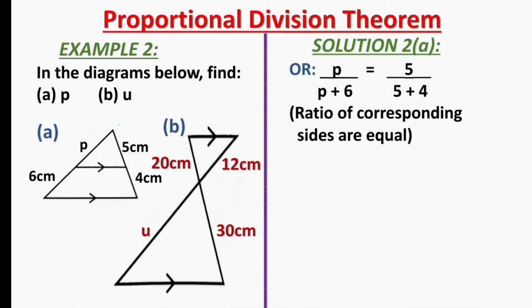Once again, to solve for P, we can use the ratio of corresponding sides being equal. That should give us the equal ratios, which are P divided by P plus 6 centimeters should be equal to 5 centimeters divided by 5 centimeters plus 4 centimeters. If you solve this equation, what would be your value for P again?